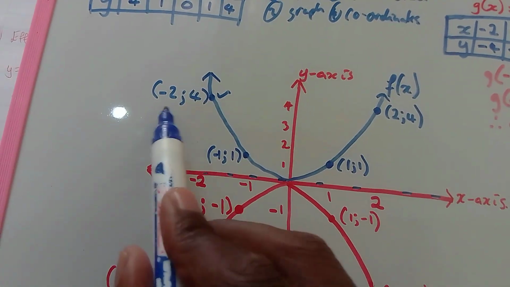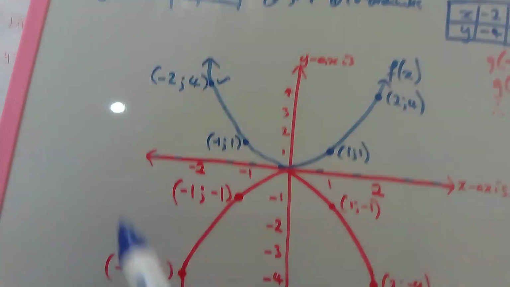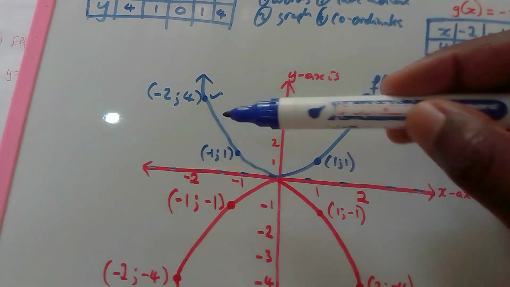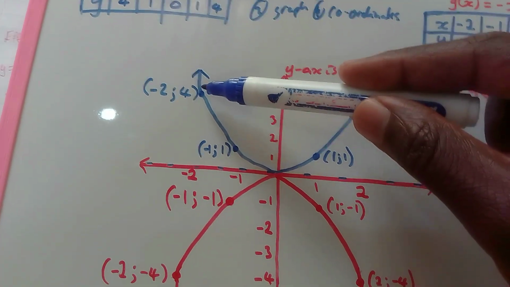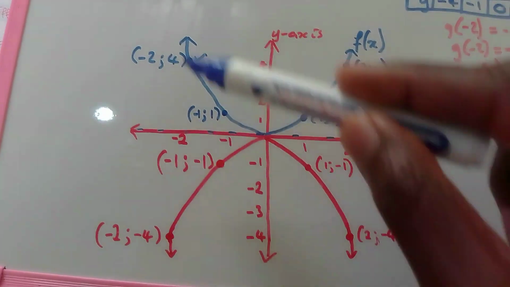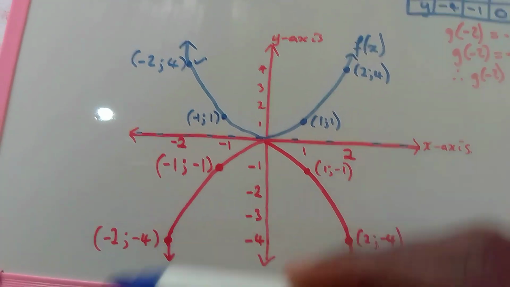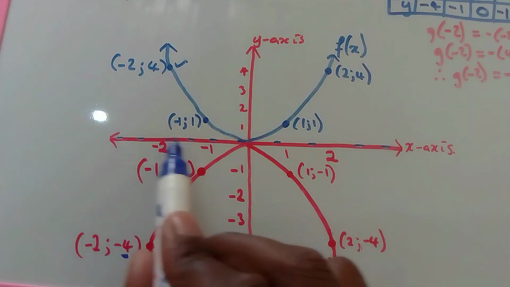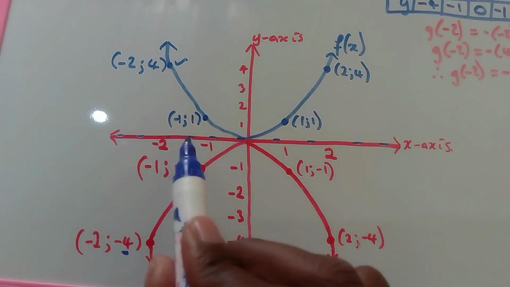Observe here, if you check your negative 2 here, it didn't change, we're still at negative 2. But we were on top with the positive 4. Now when we reflected it, it's here at the bottom, which is the opposite of positive 4, a negative 4. So what changes are your y values when something is reflected on the x-axis.